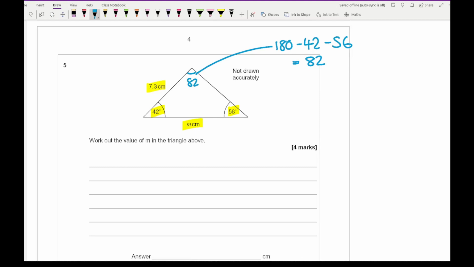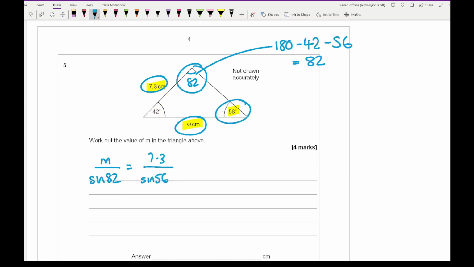So then, to work out m, I need to know that angle. So then I'm going to use this side here, and this angle here, and this angle here. So substituting it, I've got m over sine 82 equals 7.3 over, actually it's not that angle I need to use, it's this angle I need to use, of sine 56.